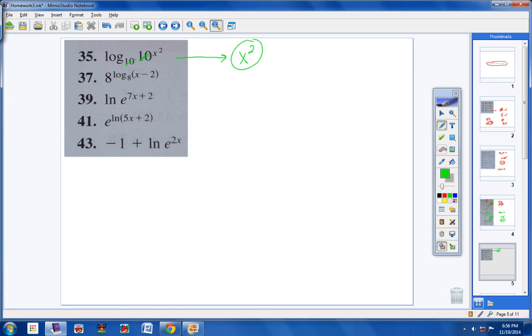Okay? Number 37. Now, whenever the base here matches the base here, your answer is the argument. And the argument is x minus 2. So that would be your answer. Okay, moving on.